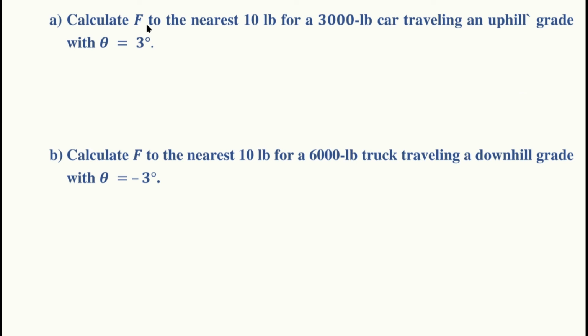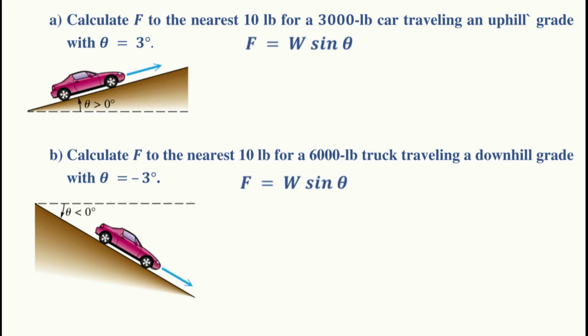So here we're going to calculate the force to the nearest 10 pounds for a 3,000 pound car traveling an uphill grade with theta equals 3 degrees. Let's bring our formula to take a look at real quickly. All right, so remember that we use this formula, and this is our scenario. We're going uphill, so theta is greater than 0. It's at exactly 3 degrees. So all we have to do is really substitute.